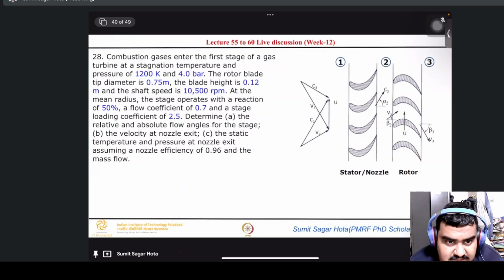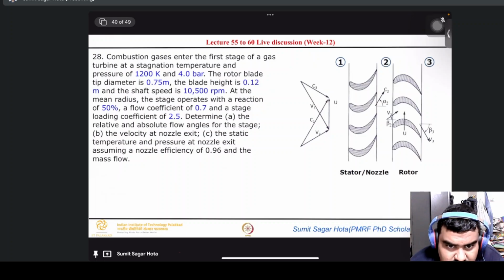The rotor blade tip diameter is 0.75 meter. The blade height is 0.12 meter, and the shaft speed is 10,500 rpm. At the mean radius, the stage operates with a reaction of 50%, a flow coefficient of 0.7 and a stage loading coefficient of 2.5.